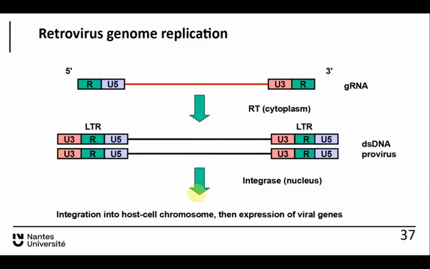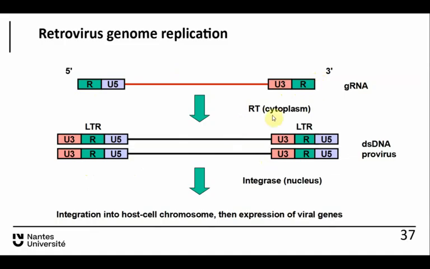It goes all the way through here, and then you get a poly A signal at the end of R over here. So that means that when the provirus is transcribed by the host cell RNA polymerase, then you regenerate a full genome with R, U5 at the 5' end and U3R at the 3' end.